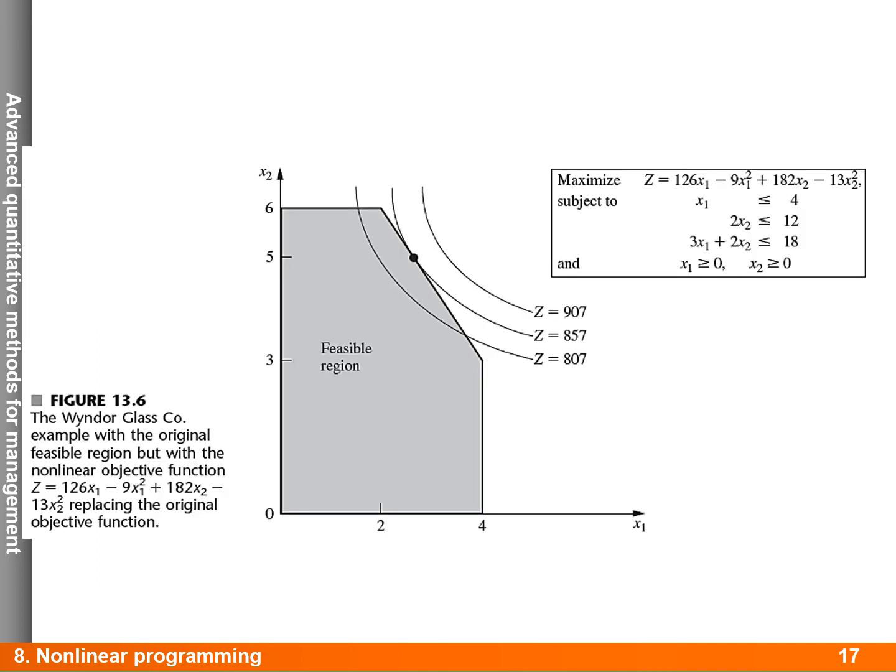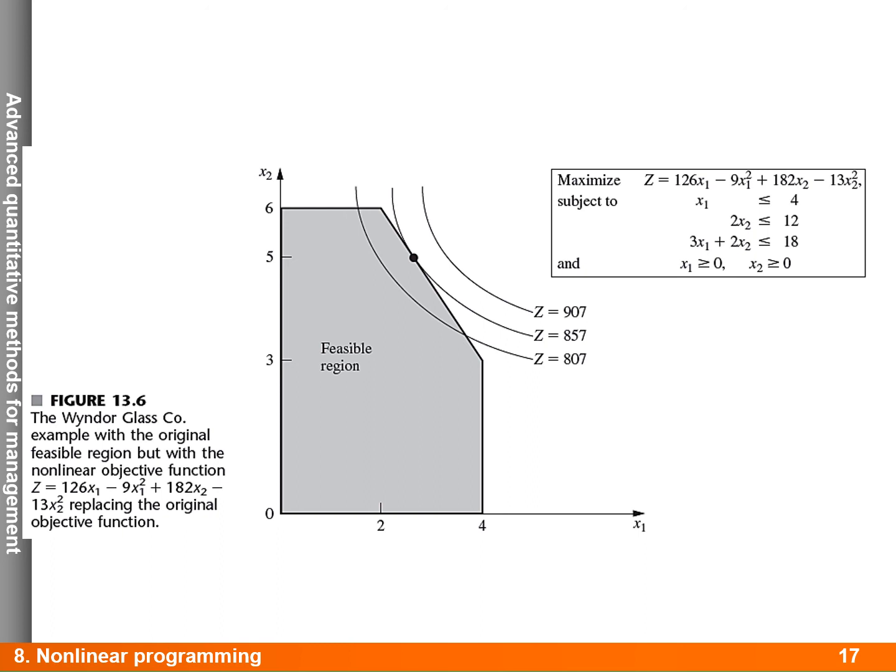As you see here, this is that familiar feasible region that we had in our last semester. But what has changed? Instead of an objective function like 3x1 plus 5x2, we have this curvy nonlinear objective function for our example with the unchanged constraints. This is our objective function that gives us the maximum inside our feasible region.